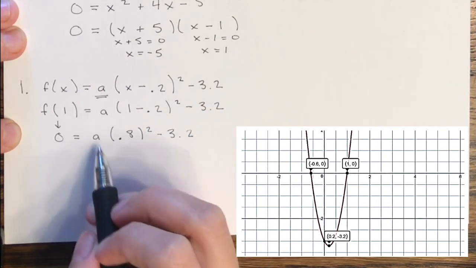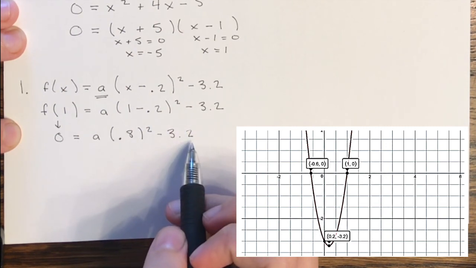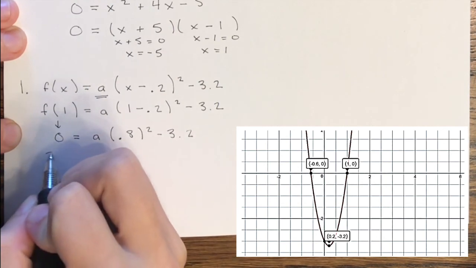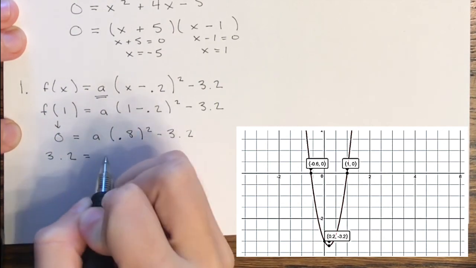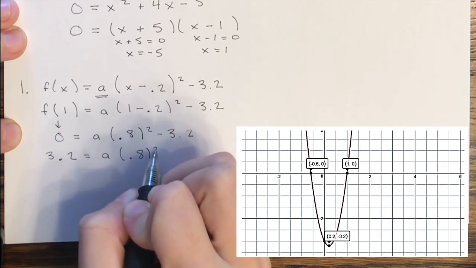All right, how do I get the a by itself? I need to add this 3.2 to both sides. So I end up with 3.2 equals a times 0.8 squared.